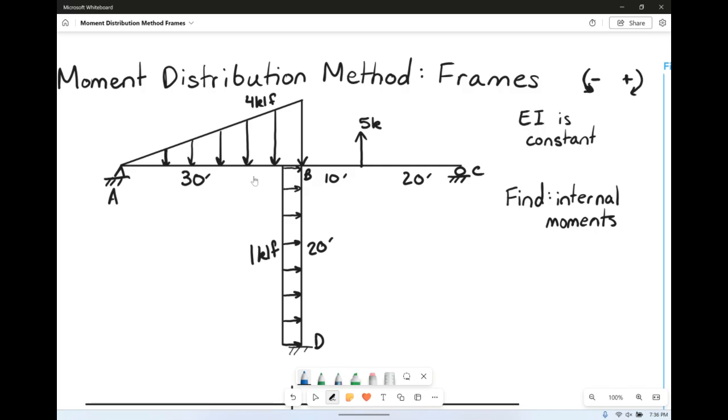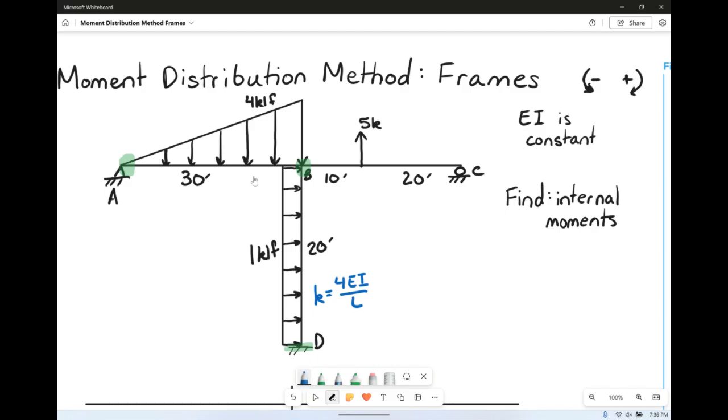So reduced stiffness is looking at this and saying, well, D is fixed and B is fixed, so BD is just going to be our normal equation of K equals 4EI over L. But since A is a pin and there's nothing else past A, it is going to allow for rotation.